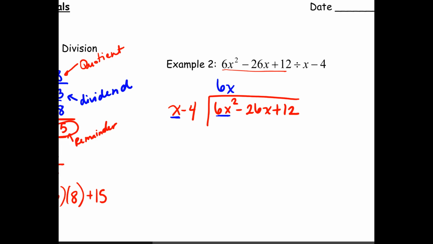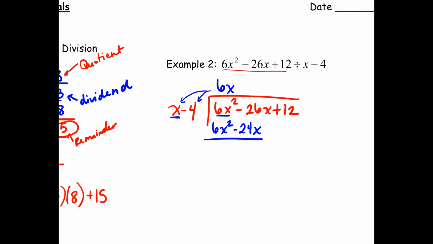But now we have to make sure to distribute the 6x to both pieces. So 6x times x would give me 6x squared. 6x times negative 4 would give me negative 24x. But now what was the next step in the process of long division? Subtract. How many pieces am I going to subtract here?